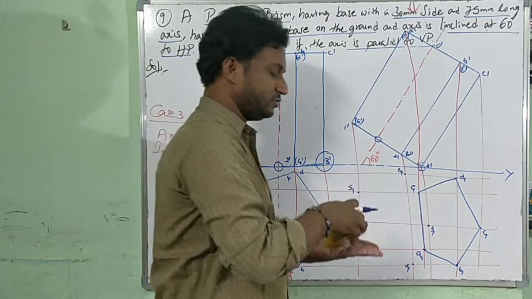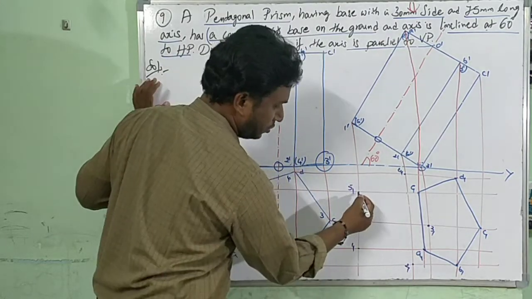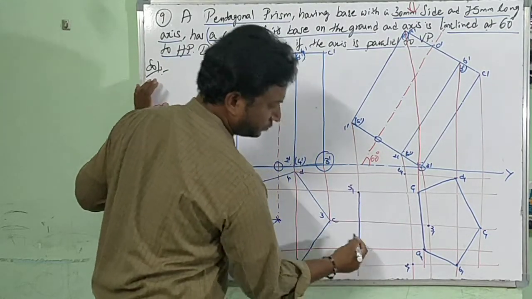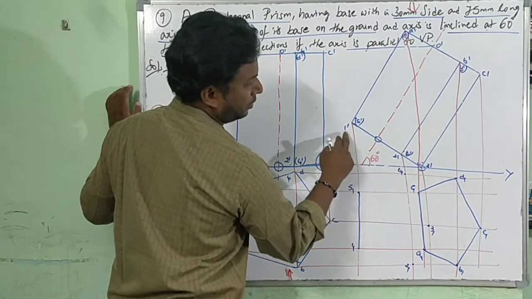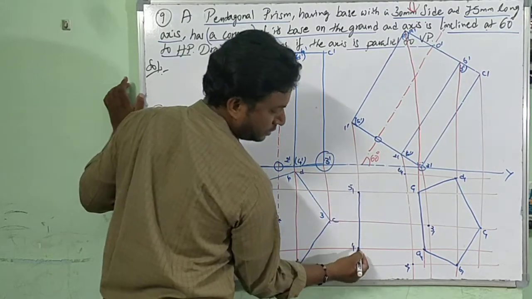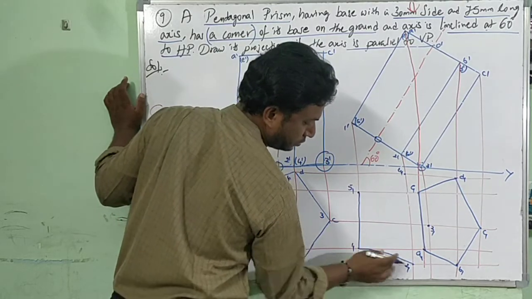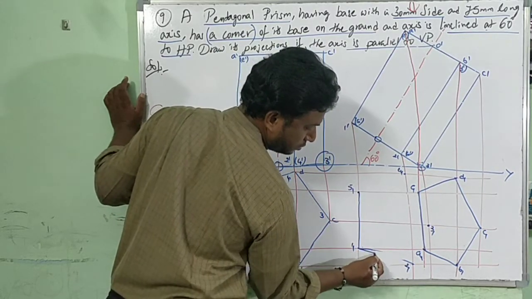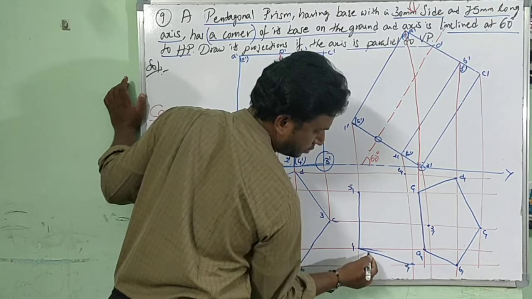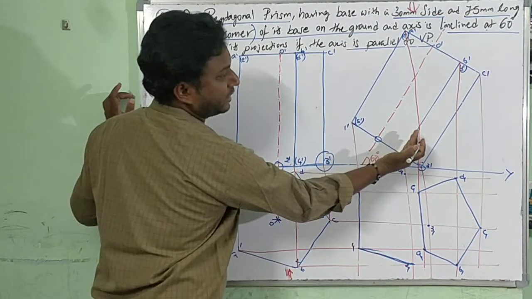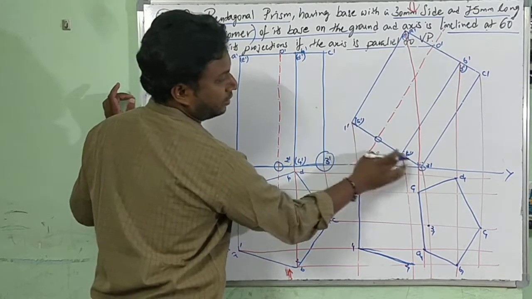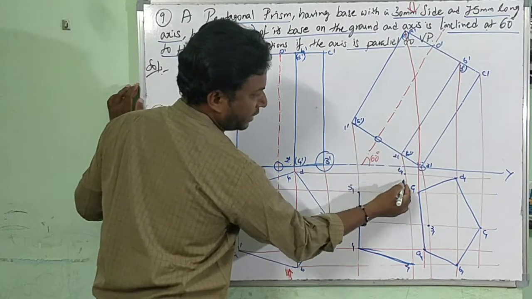This edge is clearly visible of the base. So 1, 1, 5. Now, with respect to the second line, 1 dash, 2 dash, 1, 1, 2, 1. With respect to center, backside, 4 dash, 5 dash.